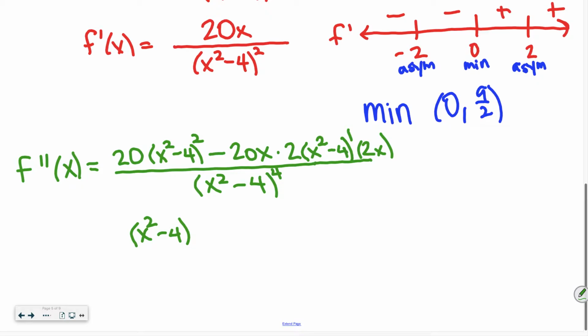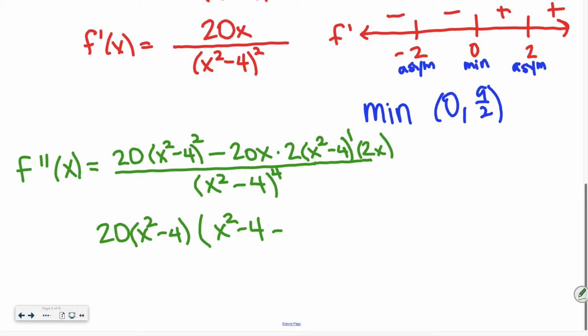Anything else in common? I see 20. And whether you get 20 out or not, that's really not going to make a big difference. But you've got to get this x squared minus 4 out. So left over here would be one of the x squared minus 4s.